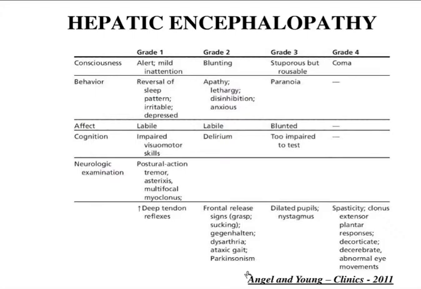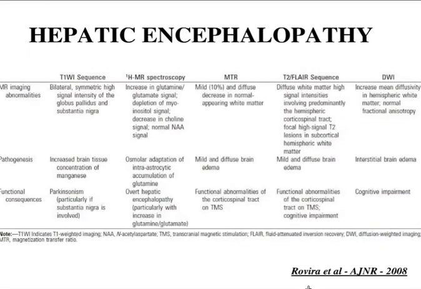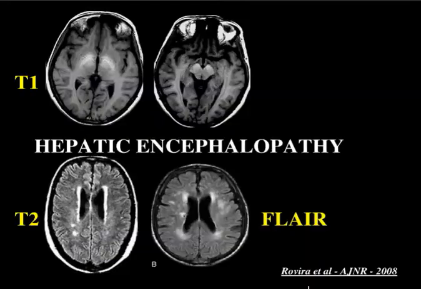We know that liver failure can be associated with an alteration of consciousness, which is a predictive factor of bad outcome, and it can be associated with various types of neuroradiological MRI abnormalities, such as bilateral symmetric high T1 hypersignal or diffuse white matter lesions, as you can see in these slides, and T2 or FLAIR sequences.